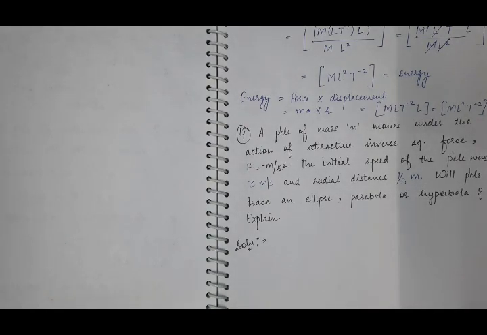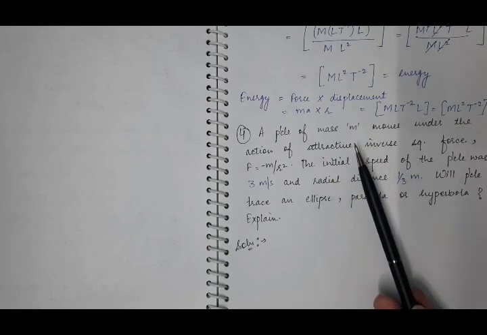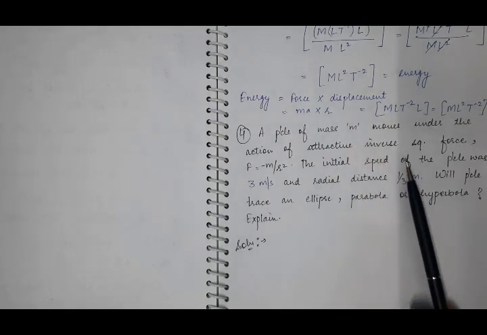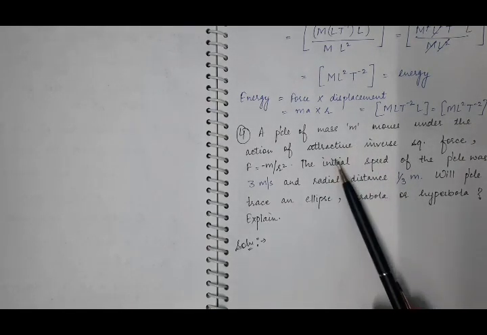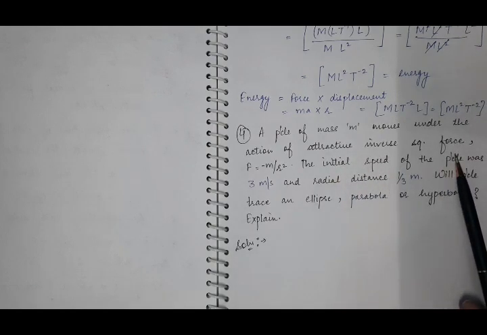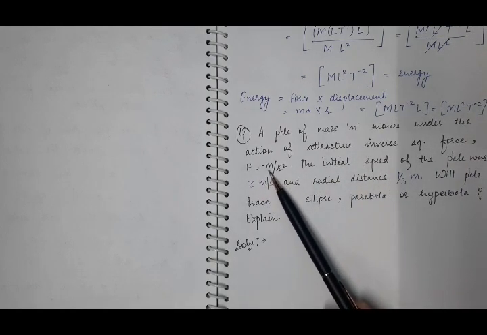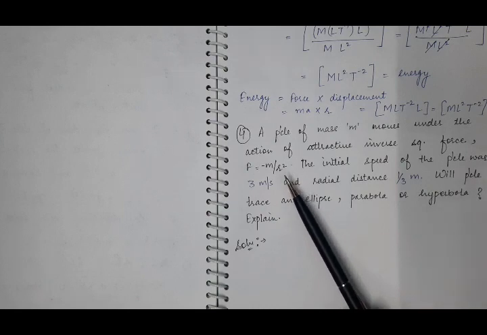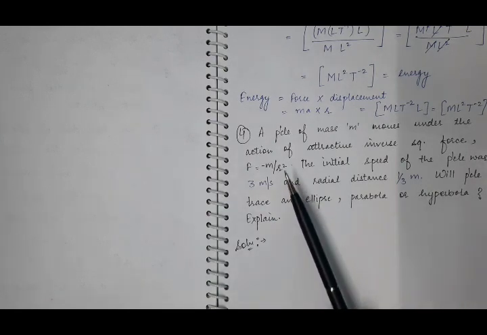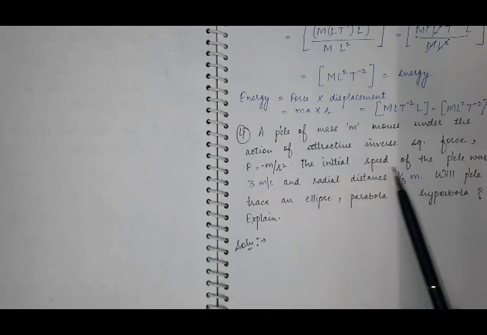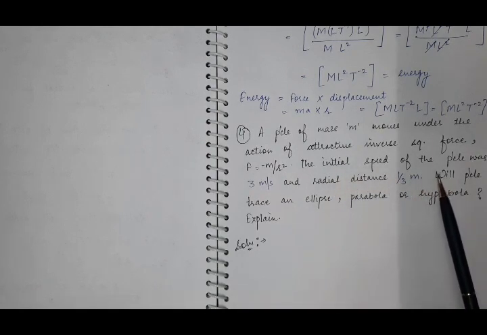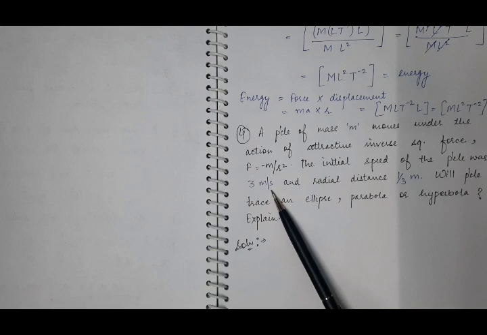Now in the next numerical, we are given a particle of mass m which is moving under the action of an attractive inverse square force, given as F is equal to minus m by r square. So instead of k, we have been given m here. The initial speed of the particle is given, v is 3 meter per second.